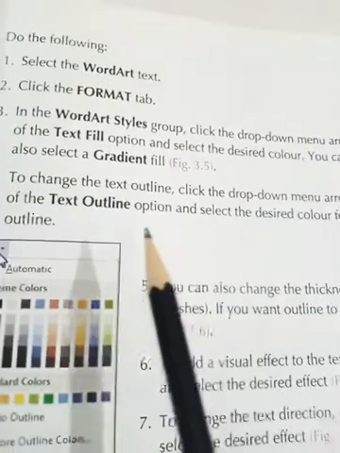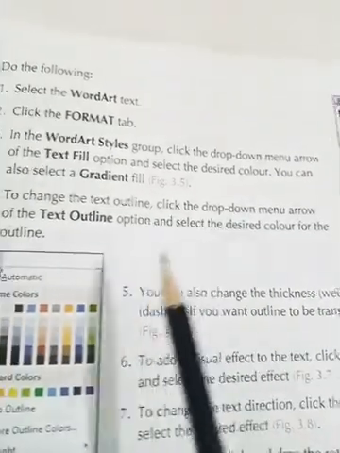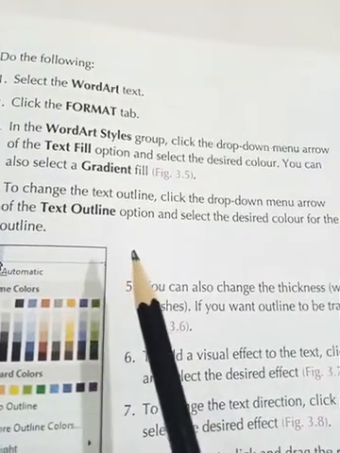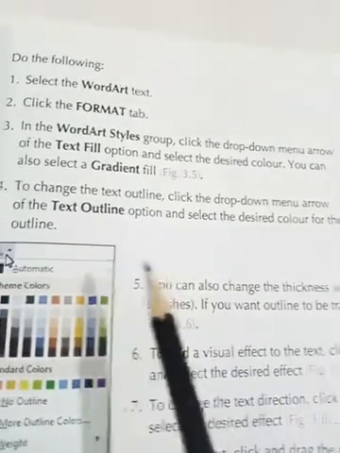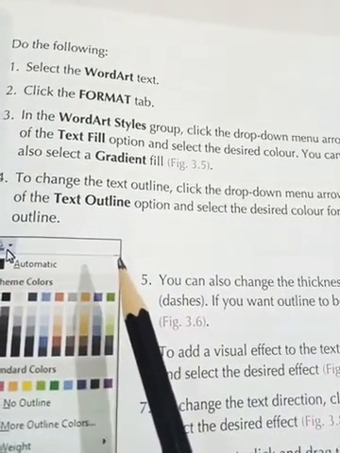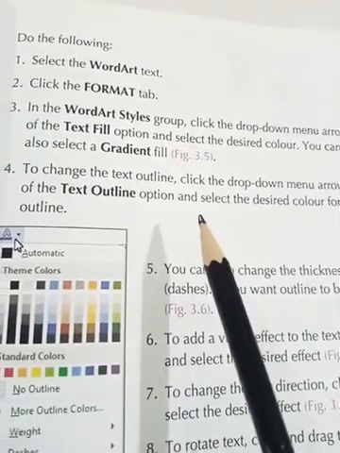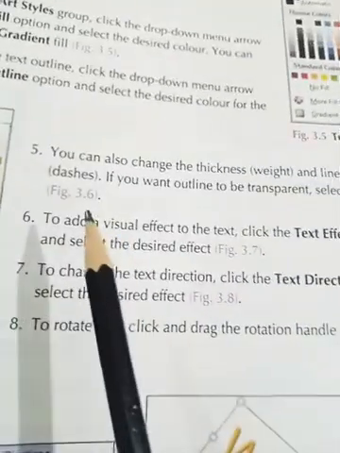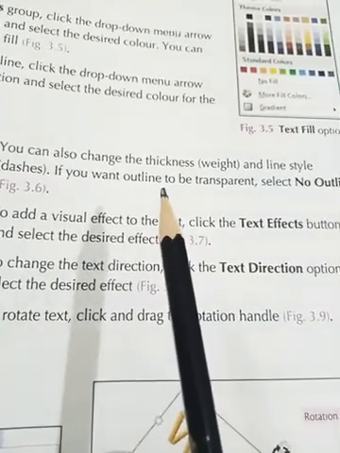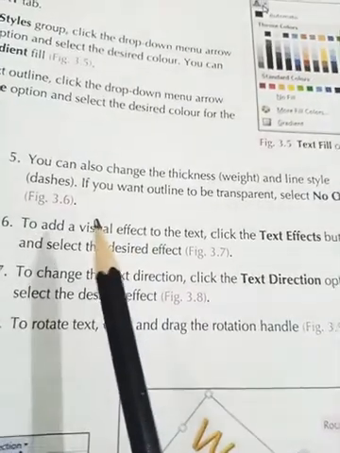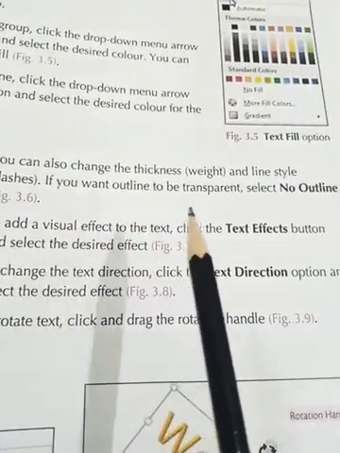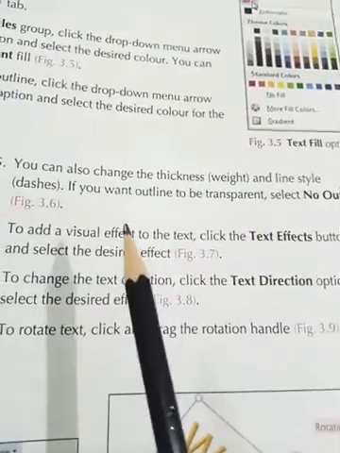To change the text outline, click the drop down menu arrow of the text outline option and select the desired color for the outline. You can change the inside of a letter, you can change only the outline. Now number 5, you can also change the thickness, weight and line style dashes. If you want outline to be transparent, select no outline.